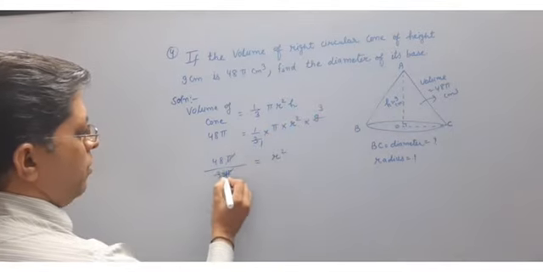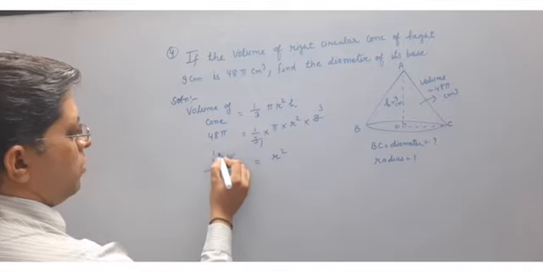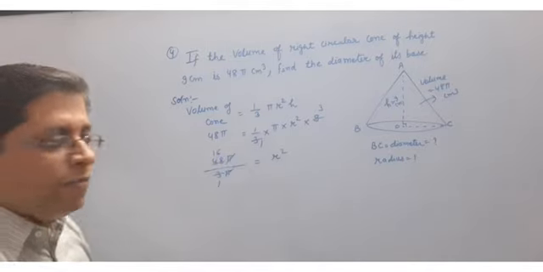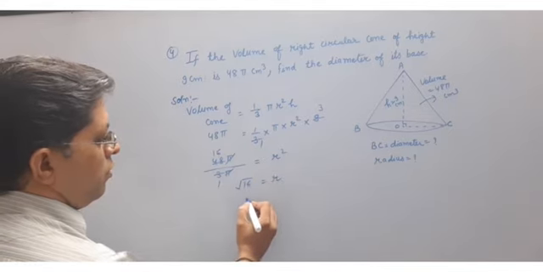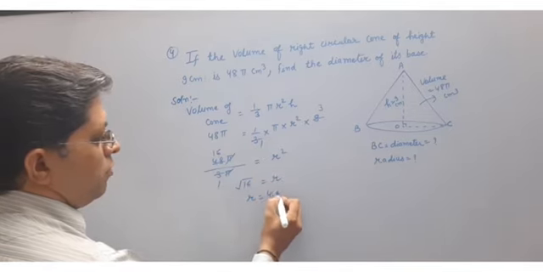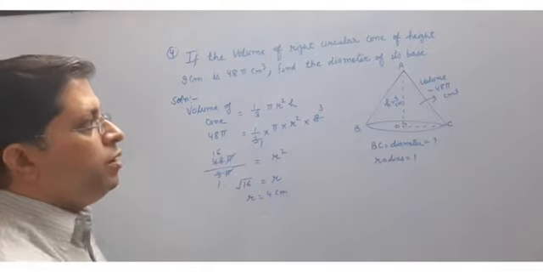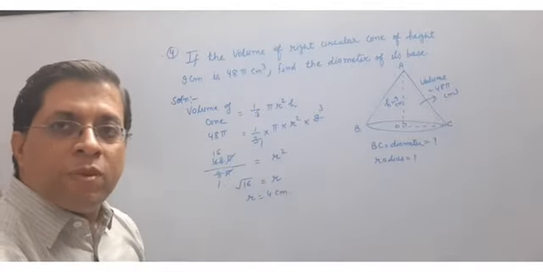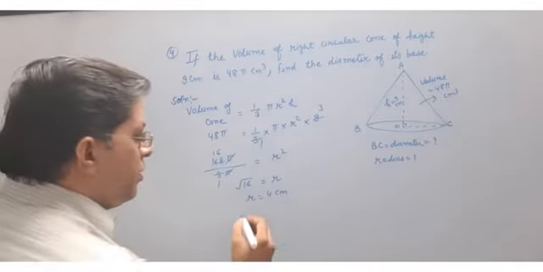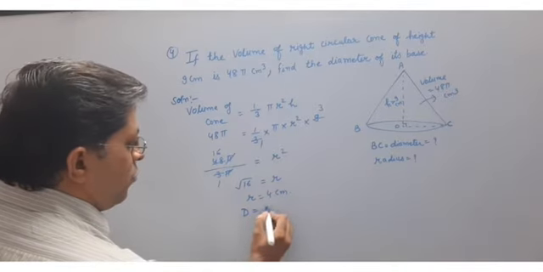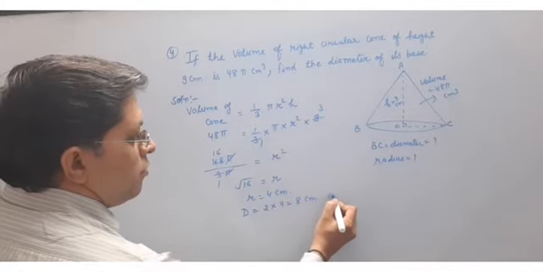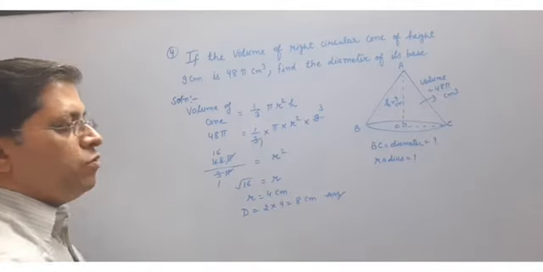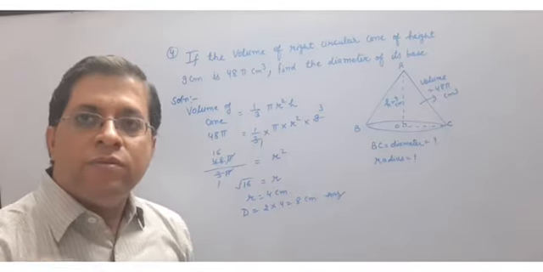Pi to pi cut. 3 ones are 3, 3 sixes are 18. Under root 16, this will be r, and r will be 4 centimeter. You have to find the diameter, d equals 2r. This is 8 centimeter. This is your answer.